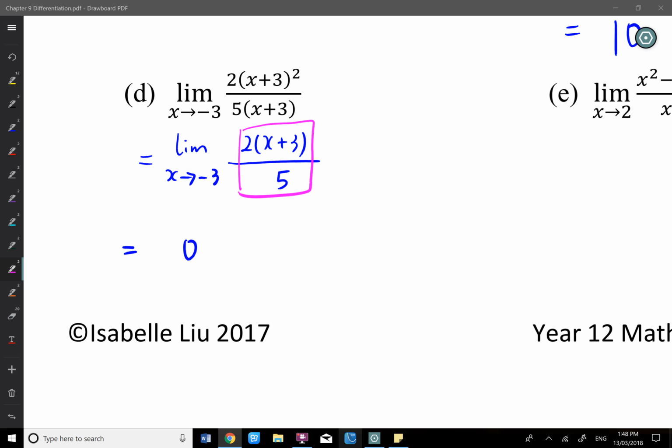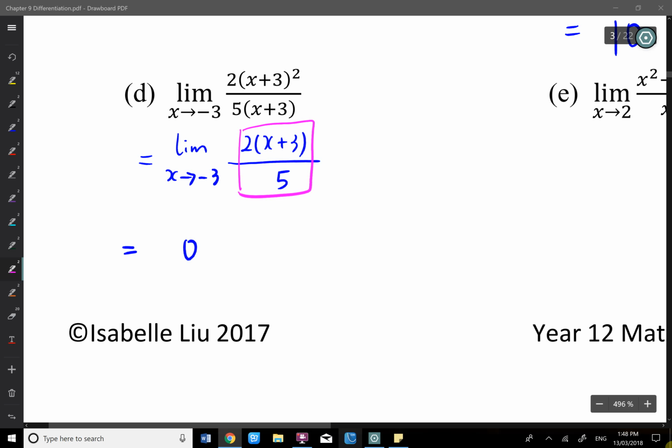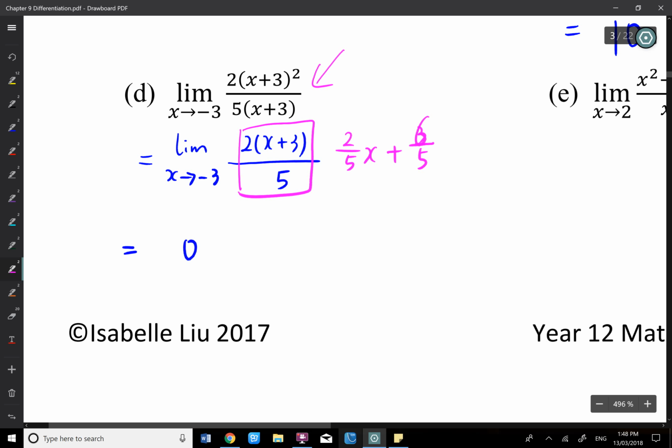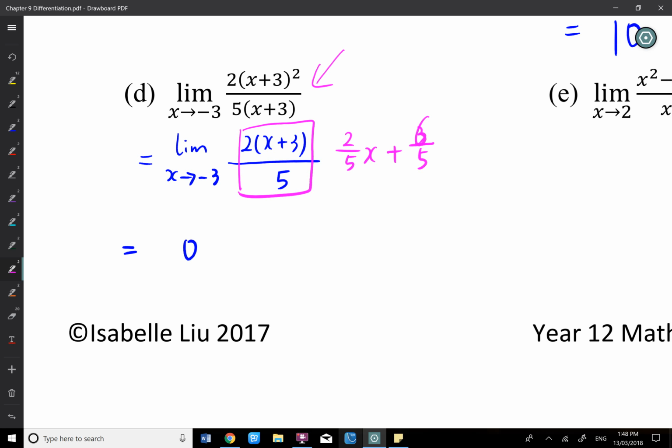Linear, everyone, linear, wake up. 2 over 5 x plus 3 over 5, and 6 over 5. Before we do anything, can you see that's a linear?